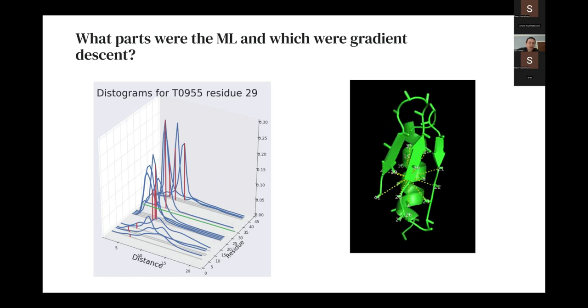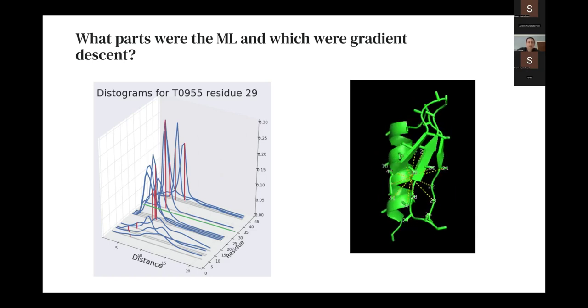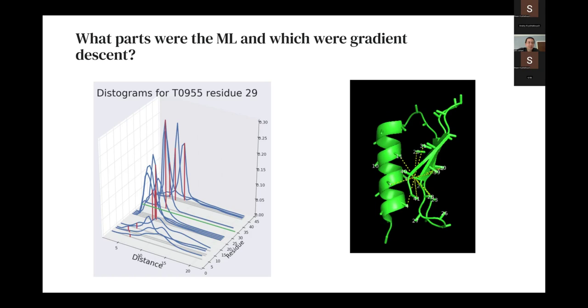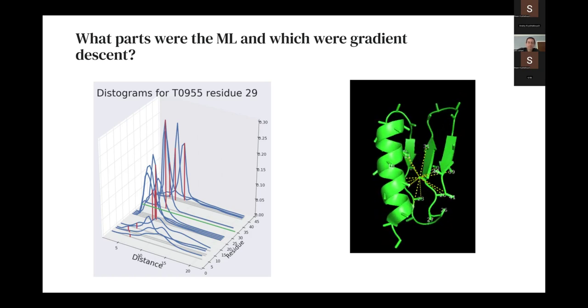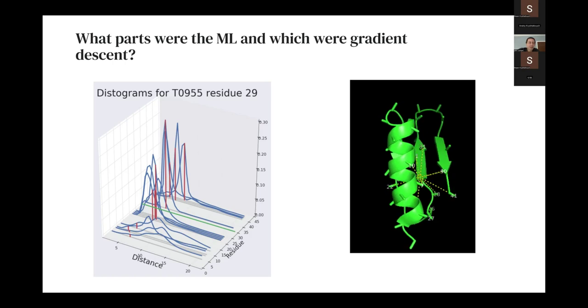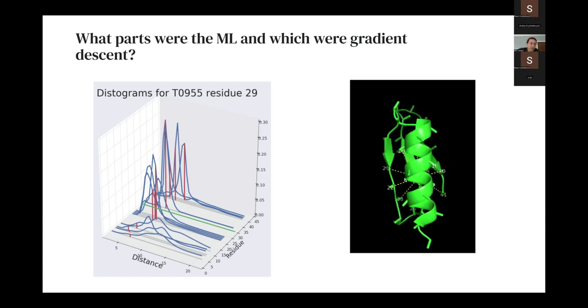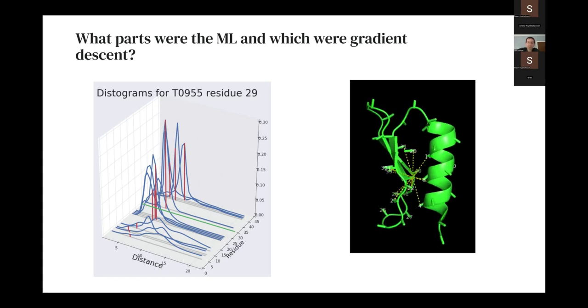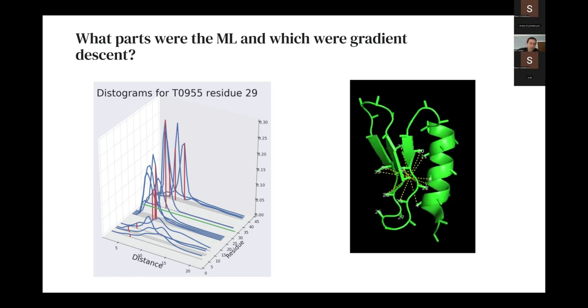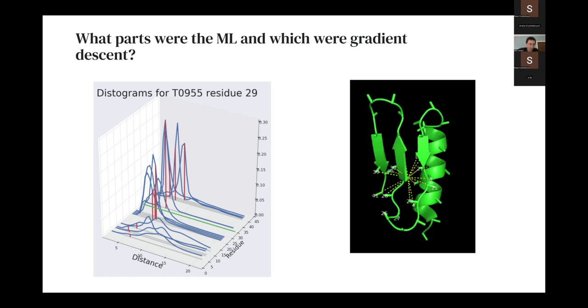You can see on the left graph that we have distance predictions in blue and the true distances as red spikes. And you can see, for example, for this distance, that it's sure those two residues aren't near to each other. They're not within 6 angstroms, but it's pretty sure they're at about 9-ish angstroms.